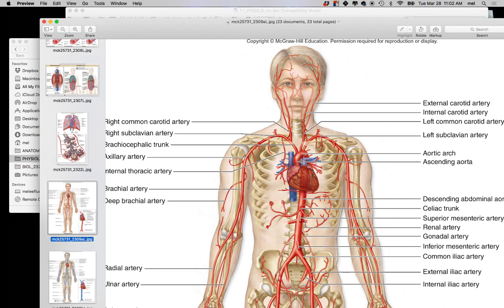Aortic arch, then brachiocephalic, then right common carotid. By the way, if you haven't learned this yet, if you have a common vessel, it means it's about to split. So if you have a common, it's going to split into an internal and external, or a superficial and deep, or something like that. It's going to split into something. So the common carotid is called common before it splits.